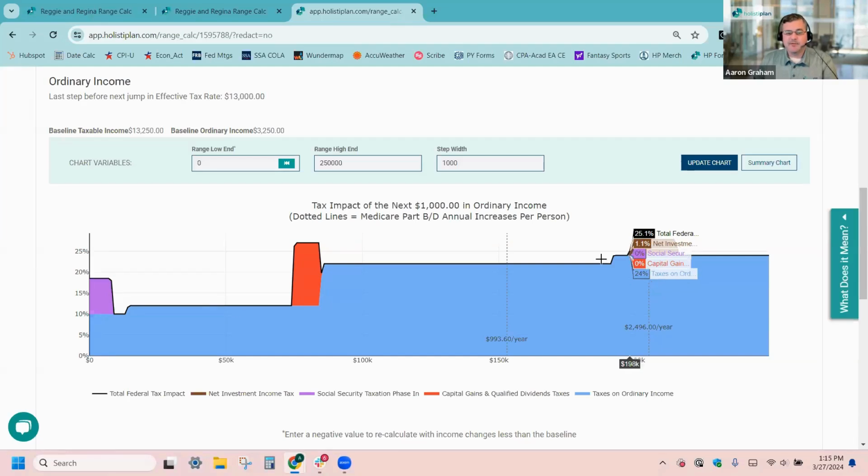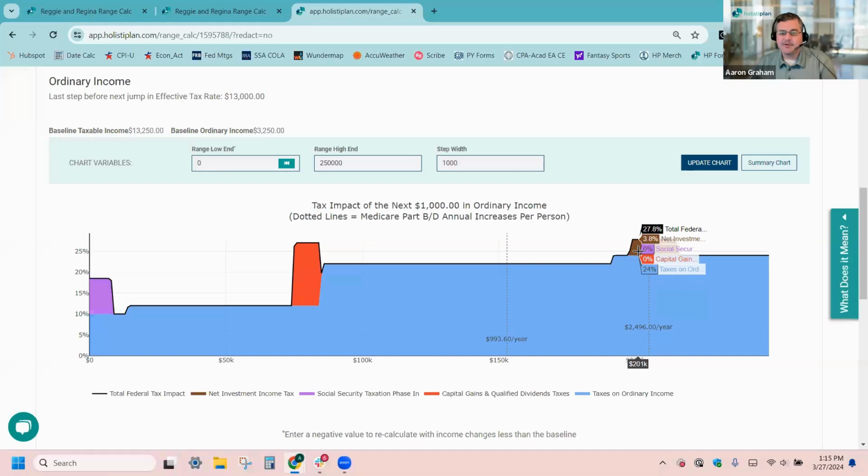So what you will see, similarly to how the width of this red area was $10,000, the width of this net investment income tax is approximately $16,000 or $17,000 of width right here in this section. That's because they have approximately that amount of net investment income that's subject to net investment income tax.